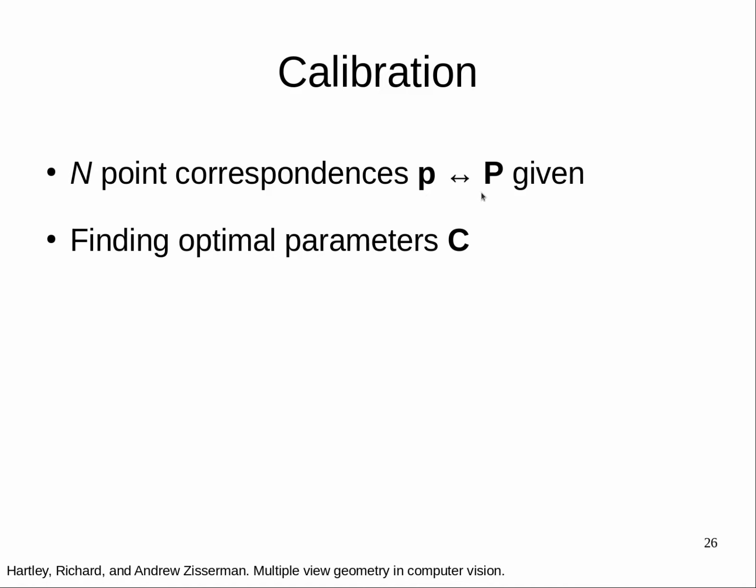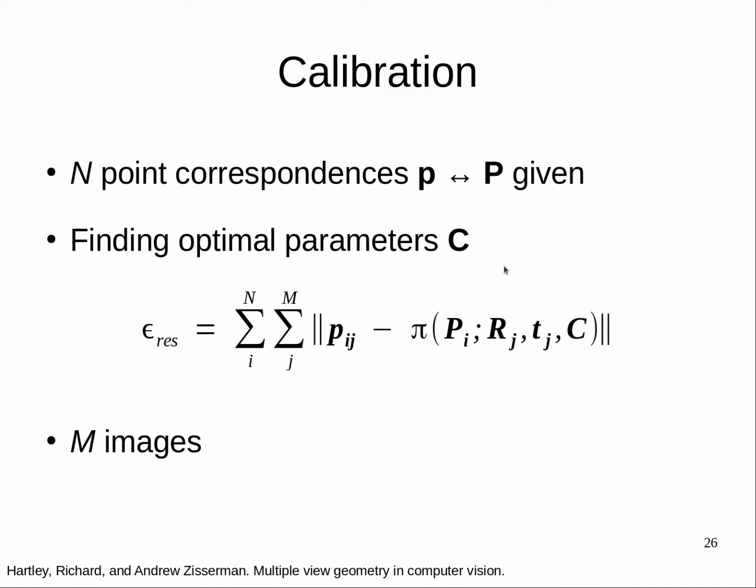Here we must know the coordinates of the 3D points, and we try to find them in the 2D image. Because we know where they should be, we can derive the distortion parameter C. And deriving them means finding the optimal set, and optimal means here that we are minimizing this error.